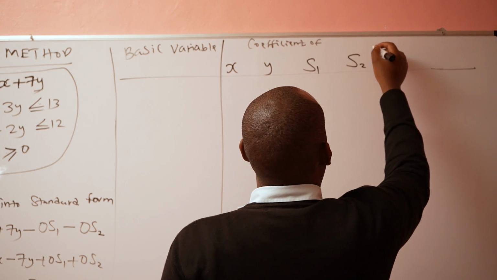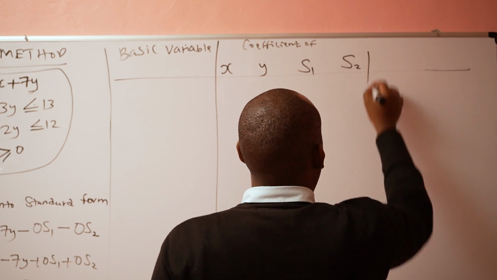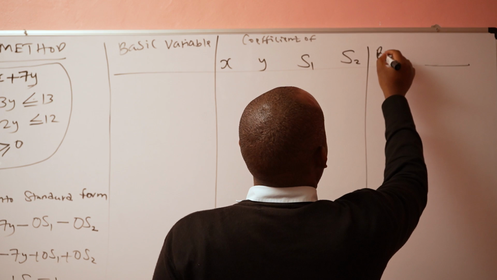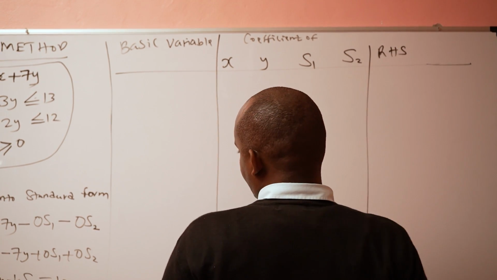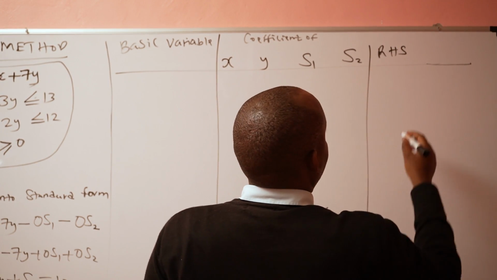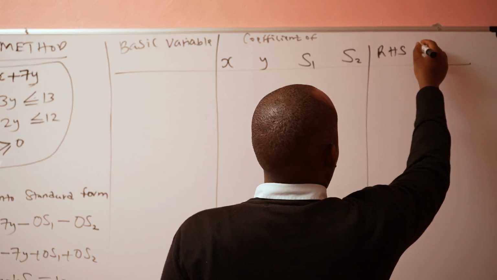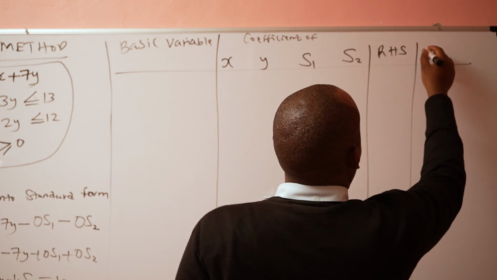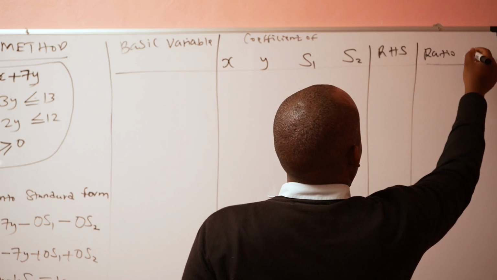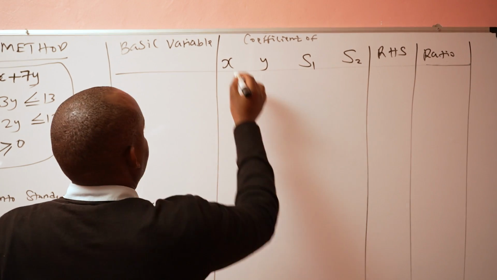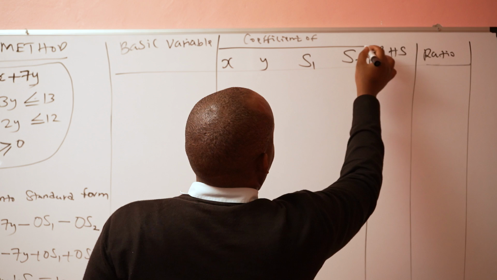Then from there, we shall have the right hand side of these equations that are in this standard form of the LPP. Afterwards, you have the ratio. I think that one is visible enough.